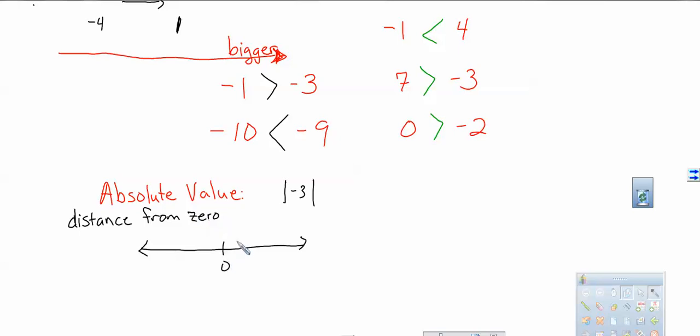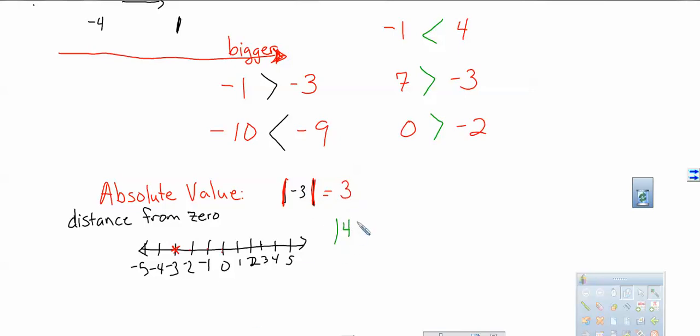So here's 0, 1, 2, 3, 4, 5, and -1, -2, -3, -4, -5. -3 is right here. So these up and down lines say the absolute value of -3. The absolute value of -3 is how far 3 is from 0. So if I go from -3, I go 1, 2, 3. The absolute value of -3 is 3.